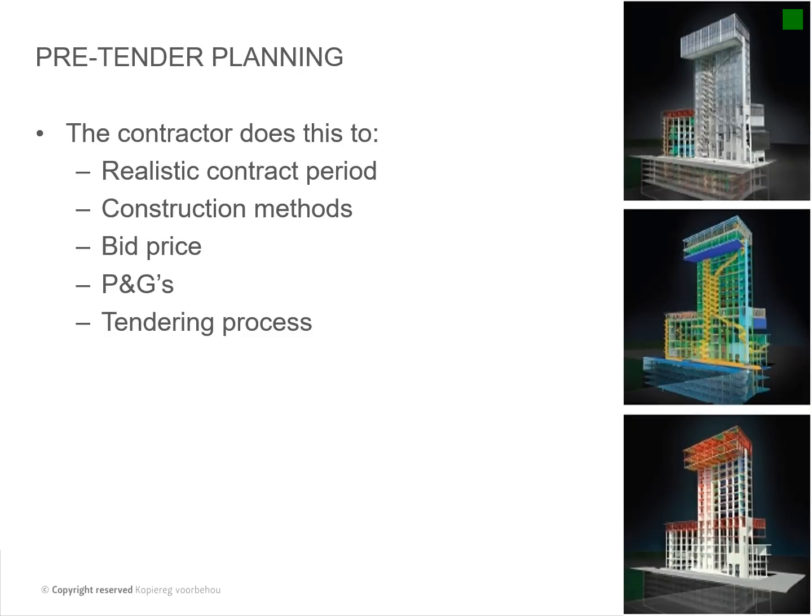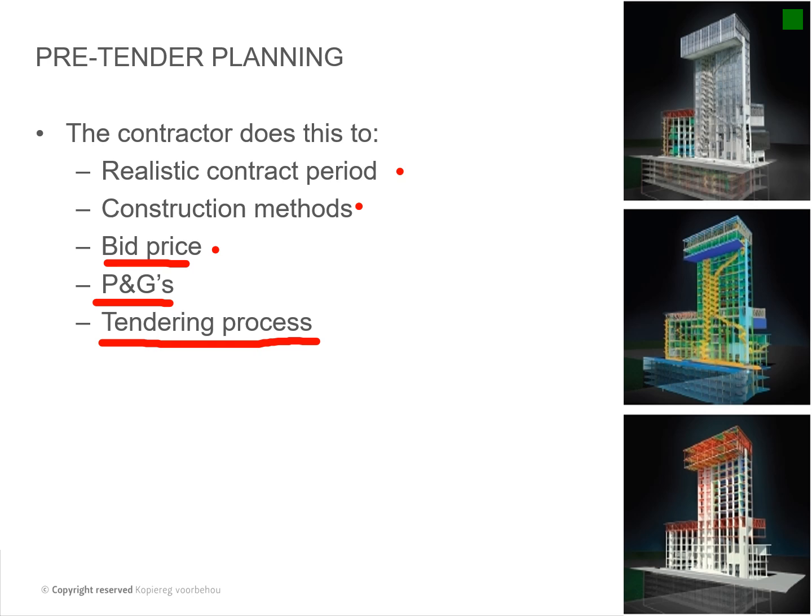Okay, pre-tender planning. The contractor does this to get a realistic contract period, construction methods, an accurate bid price, P's and G's, and tendering processes. For the bid price, you have to do a pre-construction method statement to see, okay, I'm going to need a crane, for instance, to do this job, within this period of the project.